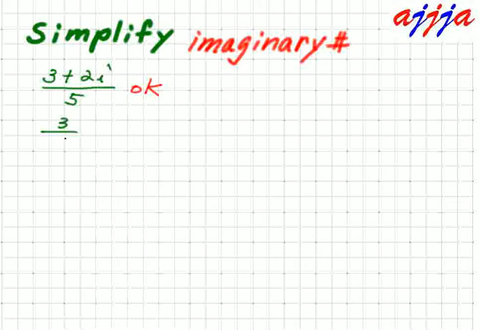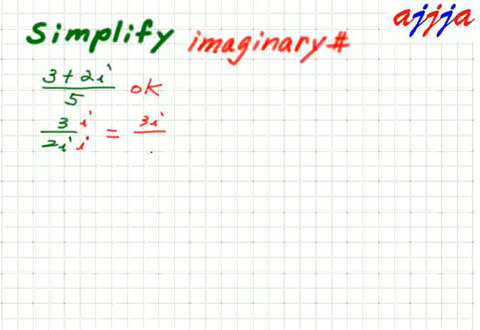But what if we have an imaginary number underneath, which is the denominator? Like this one, 3 over 2i. Oh man, we're in trouble, right? So in this case, we have to multiply one more i on the top and the bottom. Then automatically the bottom is going to be i times i, which is i squared, which is negative 1.